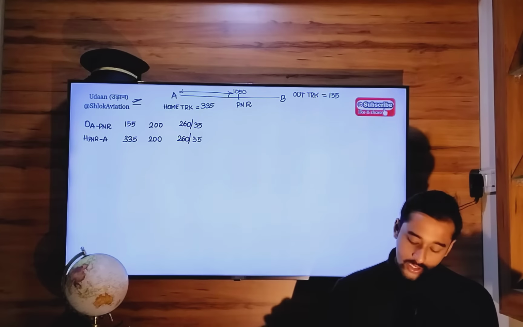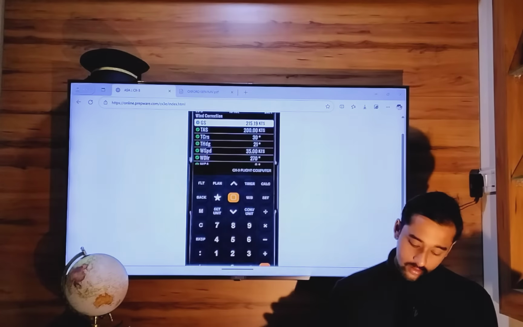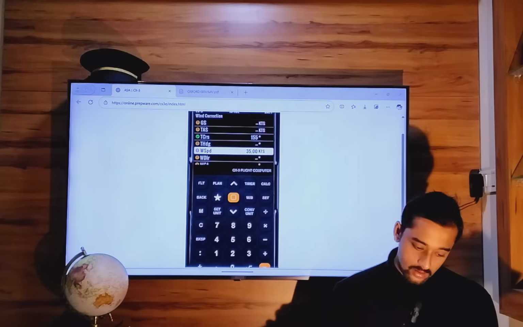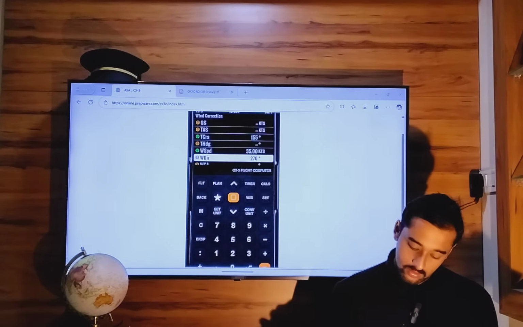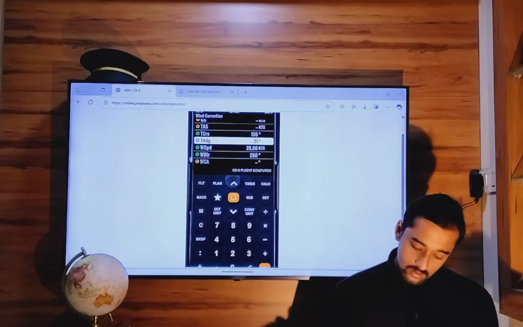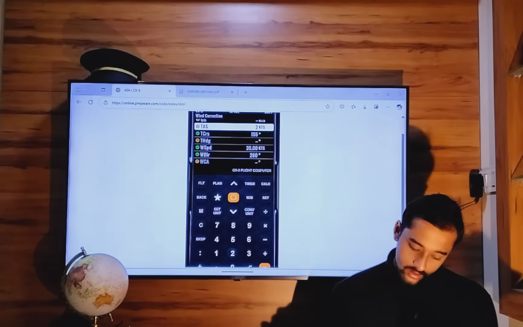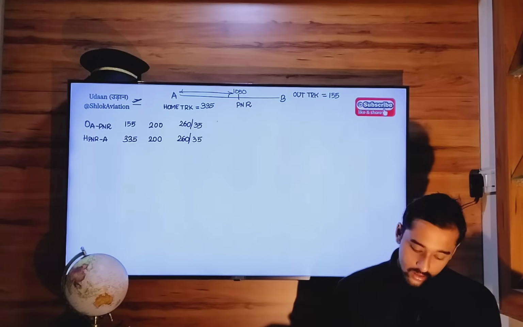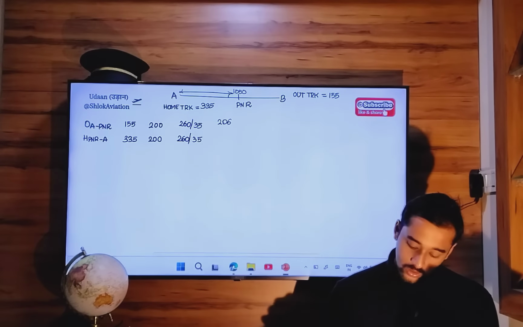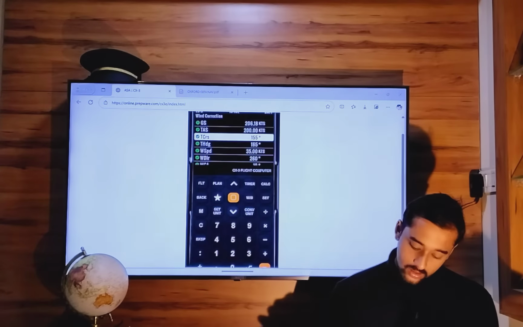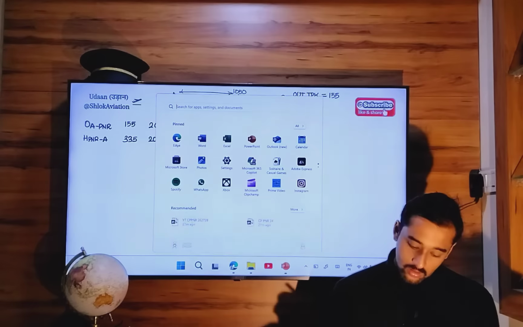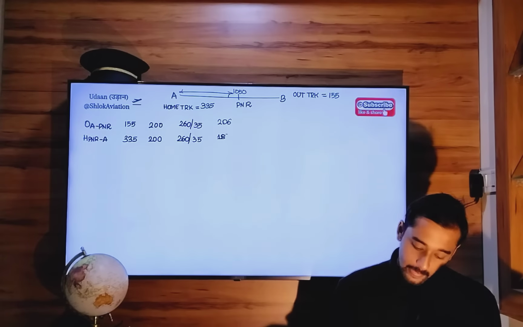So outbound ground speed will be 206. Homebound will be 188.